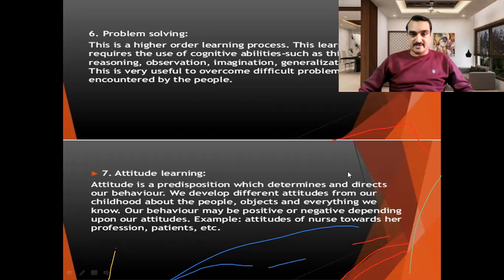So, attitude learning. Our behavior may sometimes be positive and sometimes negative, or it may be a mixture of both. Depending upon our attitude, we think and see. People are dying right now, not only because of the pandemic situation or the disease they are affected by, but even because of frustration.